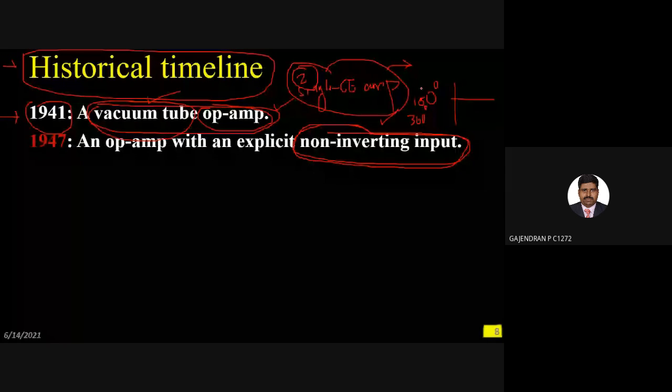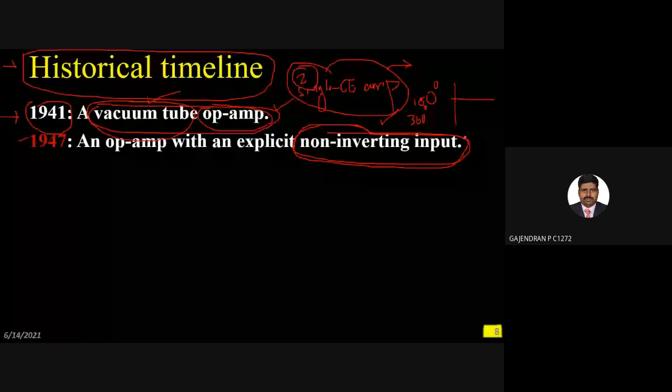Because if there are an even number of cascaded stages, it will be non-inverting. If there is an odd number of stages like 1, 3, 5, 7, it is inverting. Is it correct? Yes, sir.